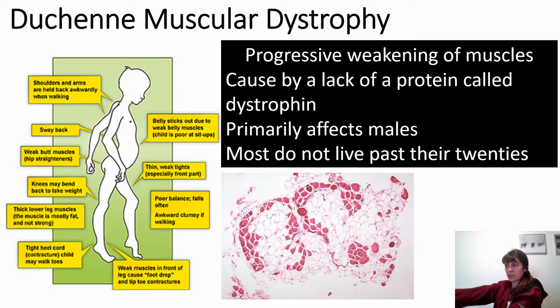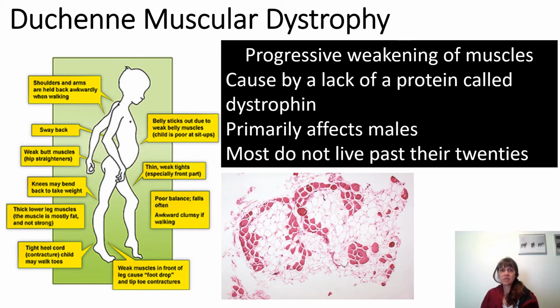If there's no anchor, then my myofibrils may contract, but the sarcolemma doesn't contract because it's not anchored properly. If the dystrophin anchors the myofibril to the sarcolemma, then when the myofibril shortens, the sarcolemma shortens as well.